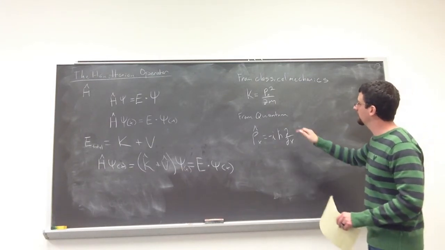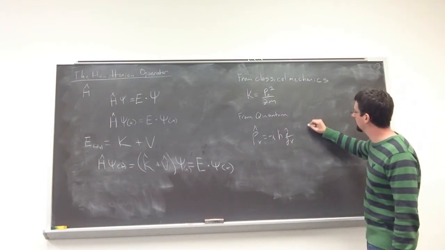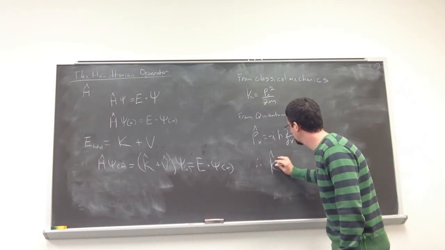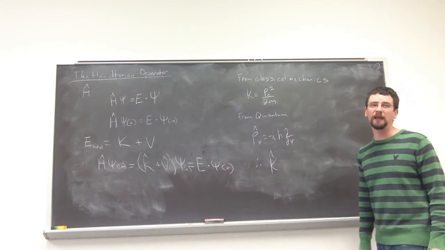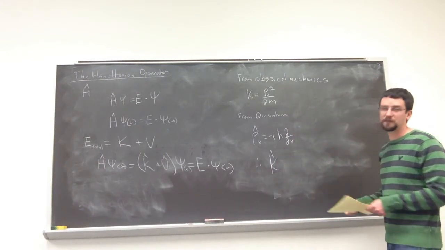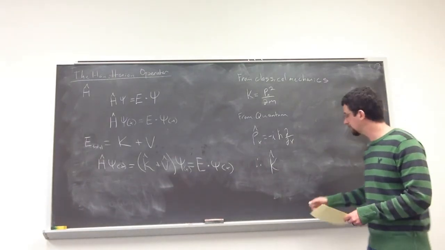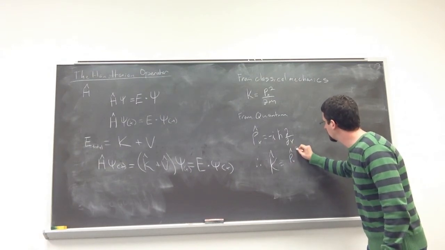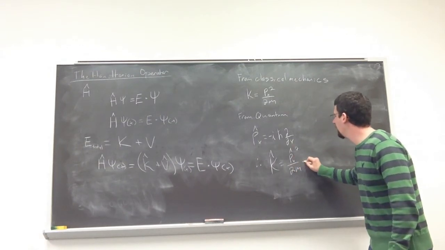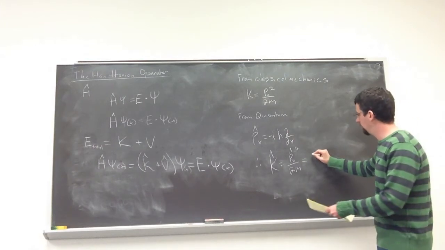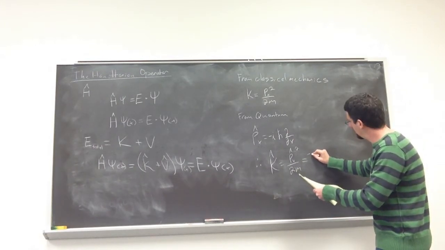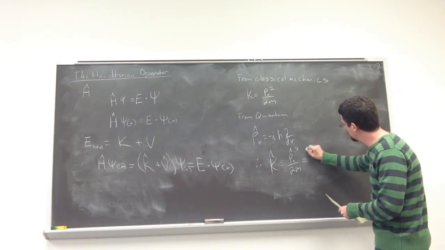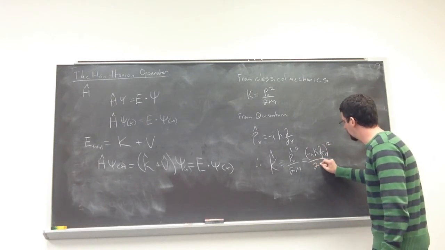Okay, so then if we try to conglomerate these two things together, we're looking for K hat. Again, that's a capital K, different than the lowercase k, which is used sometimes in solid state physics. We have p x hat squared over 2m. Let's plug this in. So we should get negative i h bar d/dx, all of that squared over 2m.